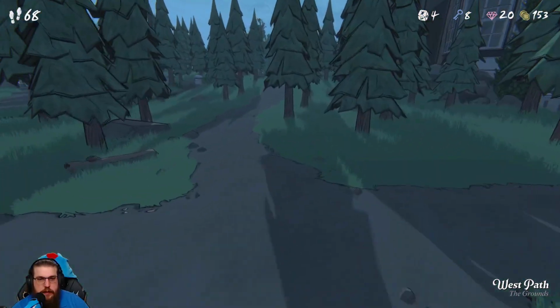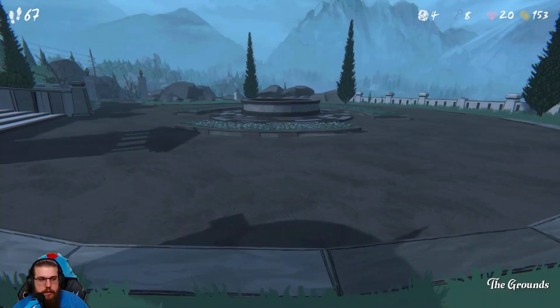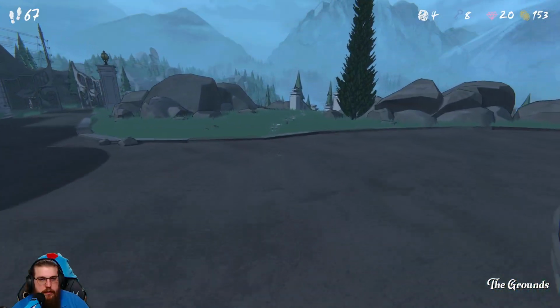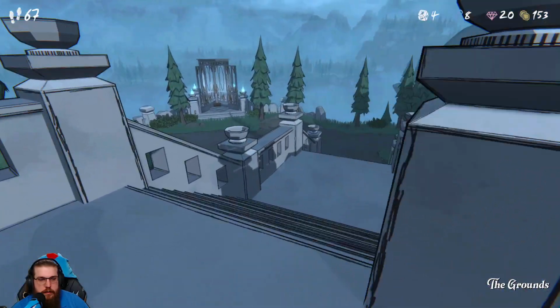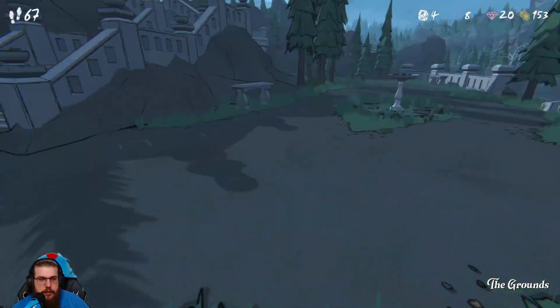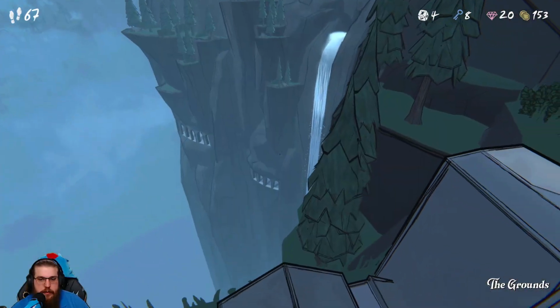Because you can take the elevator down and look at that waterfall from the underground area. Not sure, so maybe just assume that that's not on the path.